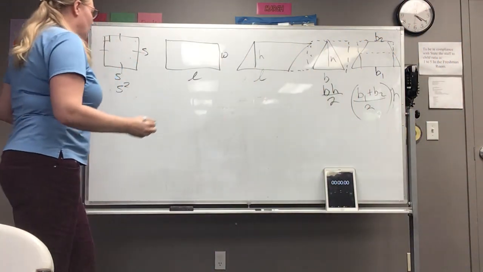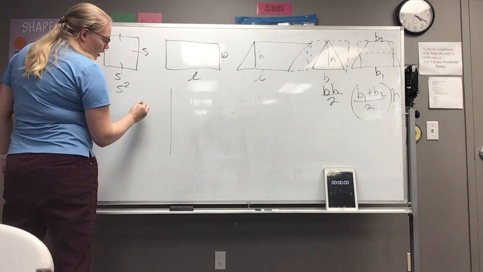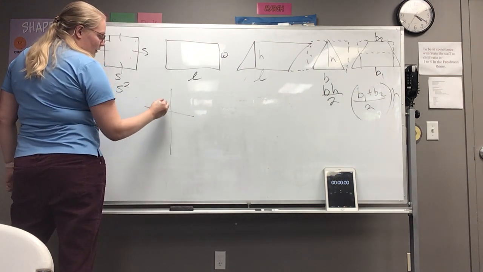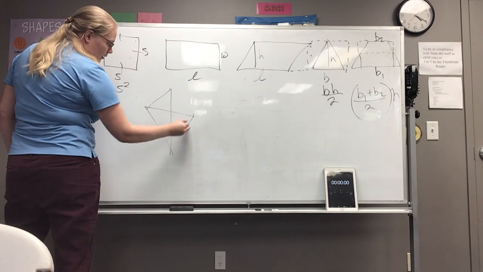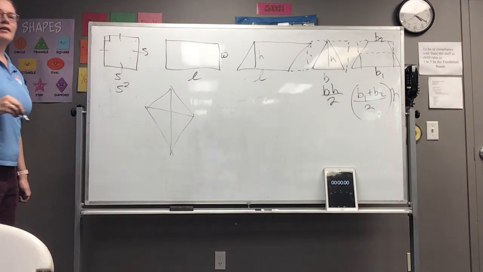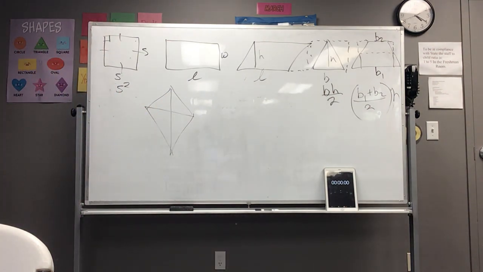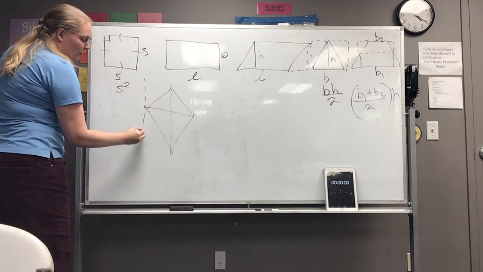Other ones that you might see, not as common: if you have a kite, how would you find that area? Again, it's just half of a rectangle.